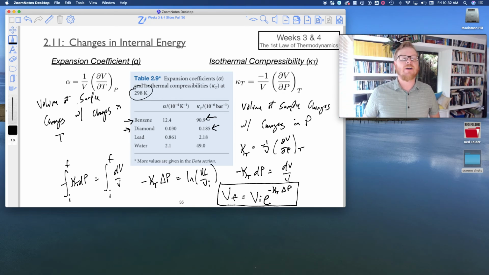You can shave like 10 milliliters off of a liter volume of benzene with 1,000 atm. That's kind of impressive when you think about it. We normally define these liquids as incompressible fluids, but given enough pressure, we can squeeze the hell out of these things, okay? And obviously, you can tell that benzene has like a factor of 100 greater compression than diamond.